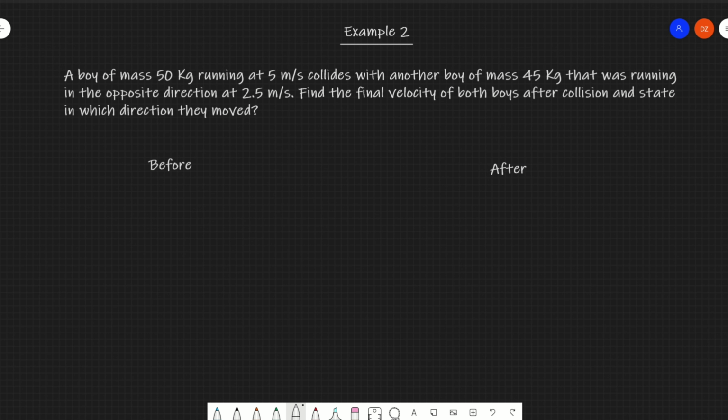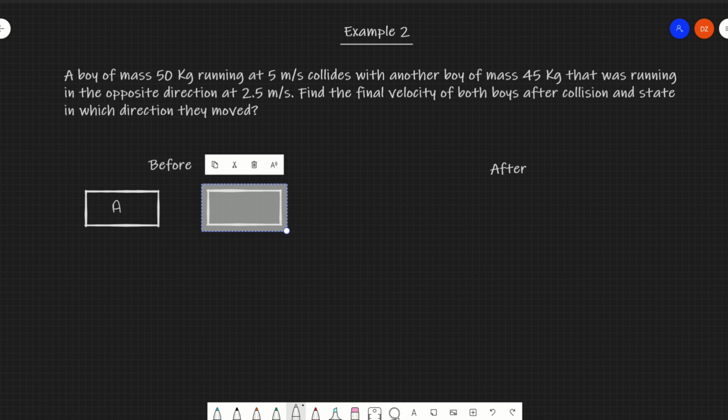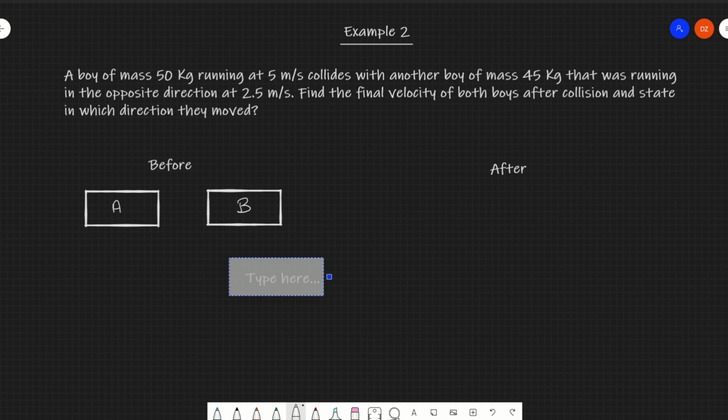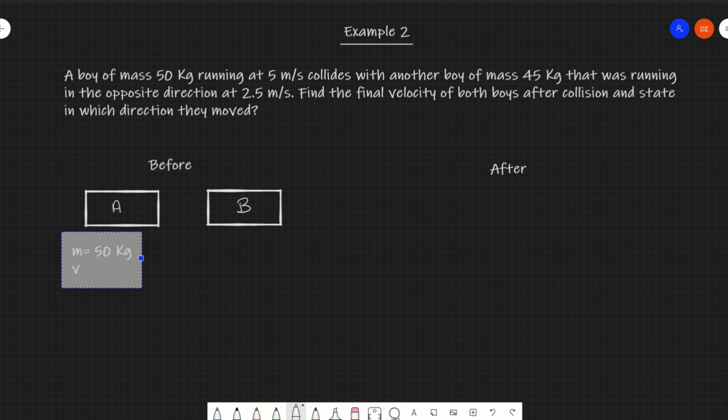Before collision, we also have two bodies, so we're going to draw two rectangles to represent body A and body B. Each body has its respective mass and velocity. In this case, body A has a mass of 50 kilograms and was running with a velocity of 5 meters per second.